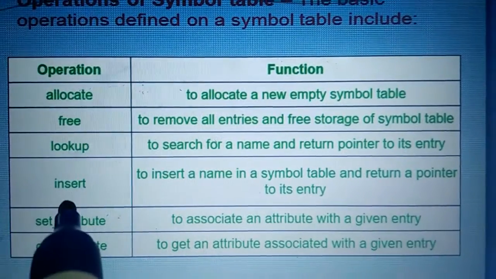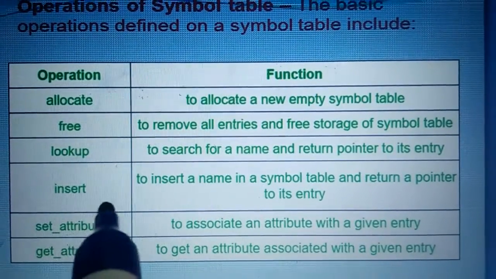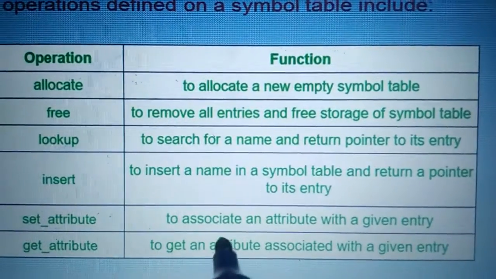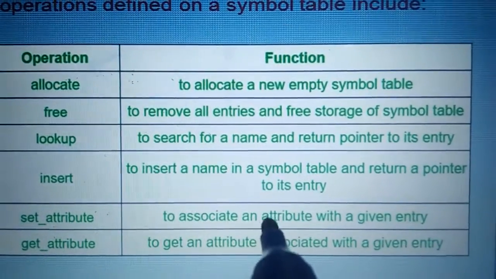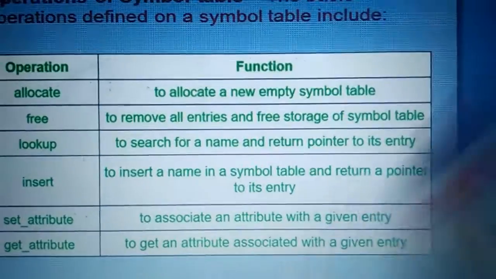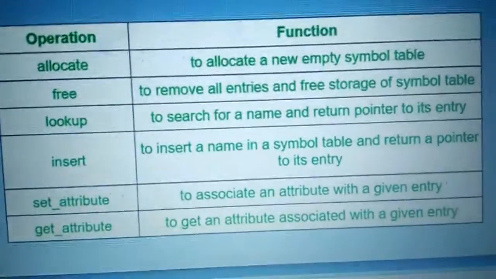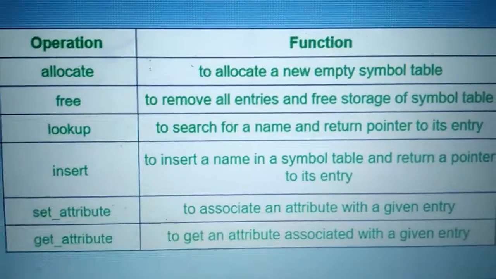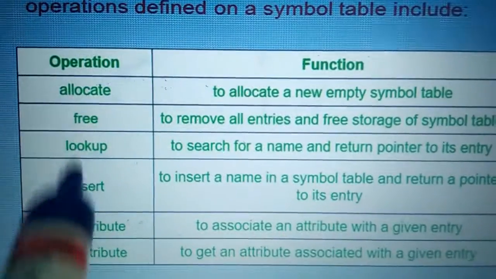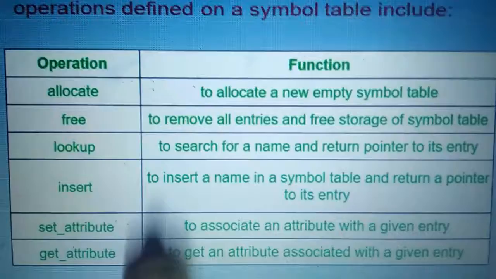Insertion is also required, along with set attribute, which associates an attribute with the given entry. Before setting the attribute, we require another function, get attribute. So these are the functions which are required.